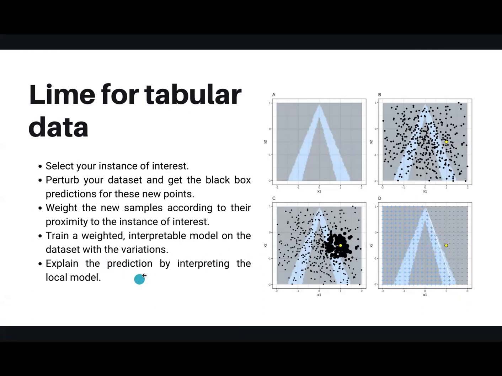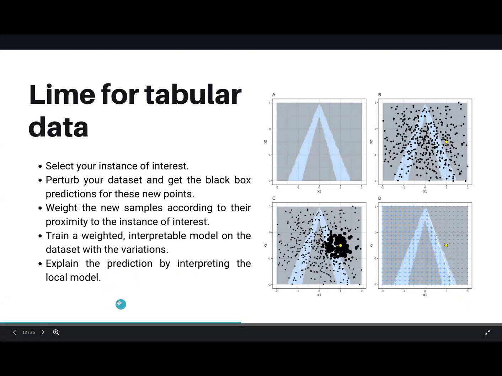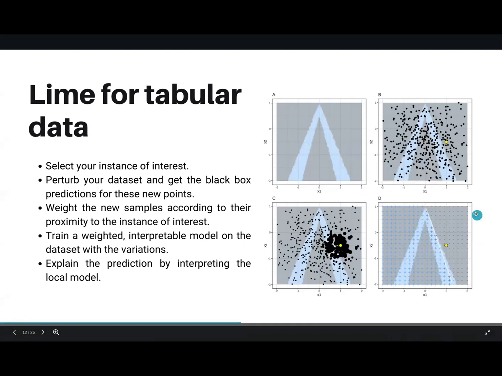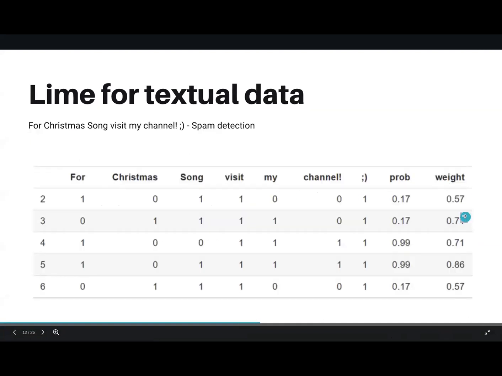So what we do is we explain the predictions by interpreting the local model. Locally, it's not perfect. Globally, it's horrible. So you see all of these points predicted as plus. Globally, it's a horrible model, but locally, it's okay enough for us to use it and make interpretations.